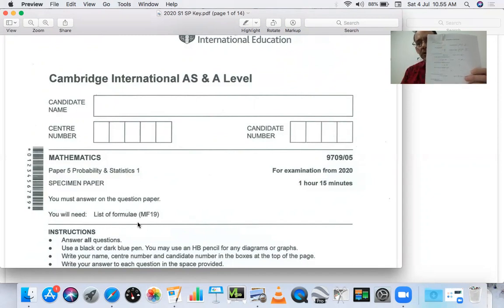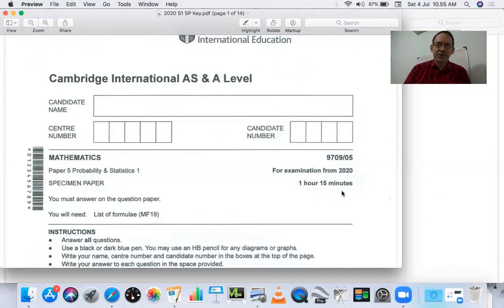So you don't need all of these formulas for this exam, but you should have that handy with you in case you need to look up some of those formulas. When you get into test time and you're a little nervous, your memory isn't quite as clear as it is before the test. So make sure you have your formula sheet, this MF19, there with you.